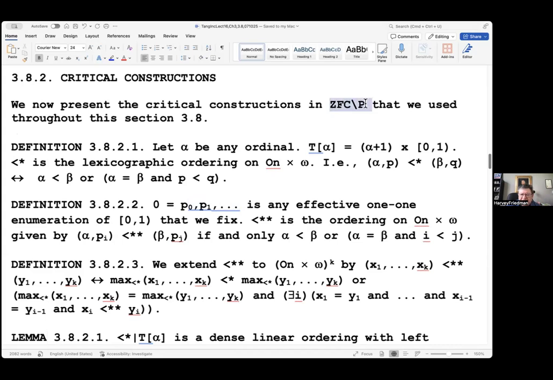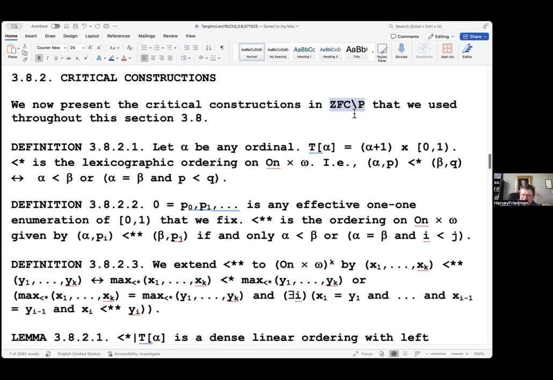One of the things I'm going to do in the third lecture on this section is say more about the formal systems, what base theories this will work with. But as we just do it uncritically, the base theory is ZFC minus power set, and of course we add to it to prove things.